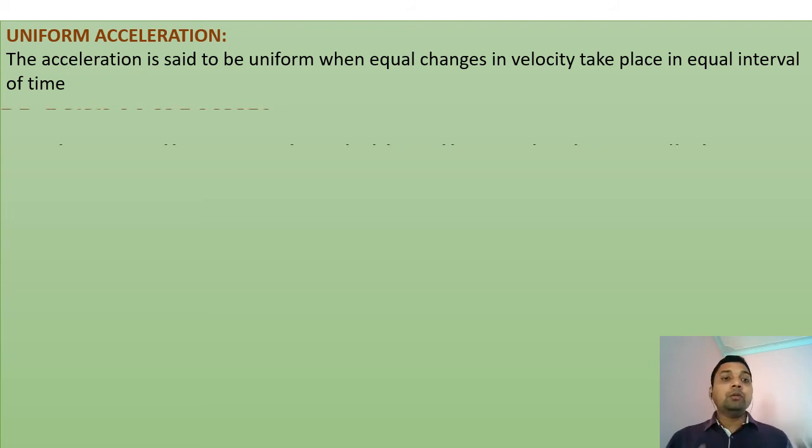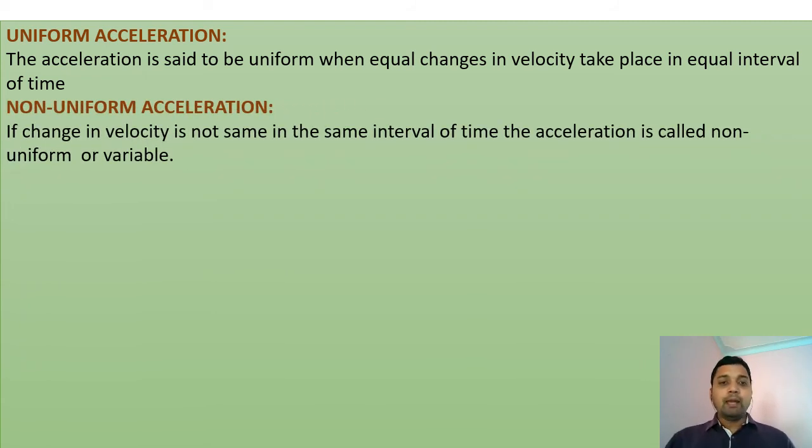But in non-uniform acceleration, in the same interval of time there is unequal change in velocity, or equal change in velocity not in the same interval of time. That is non-uniform acceleration. So one is uniform acceleration, one is non-uniform acceleration.